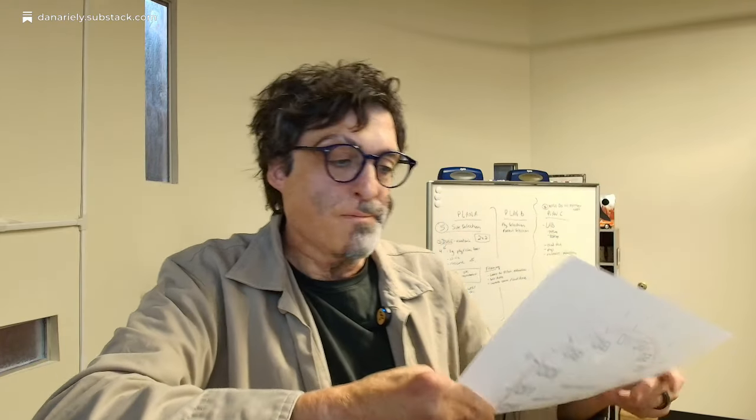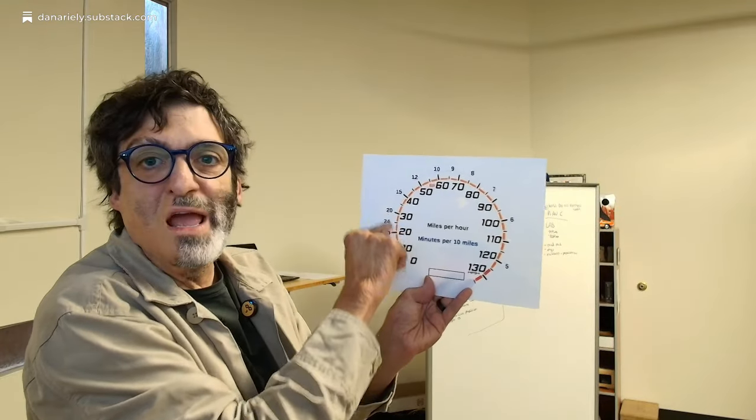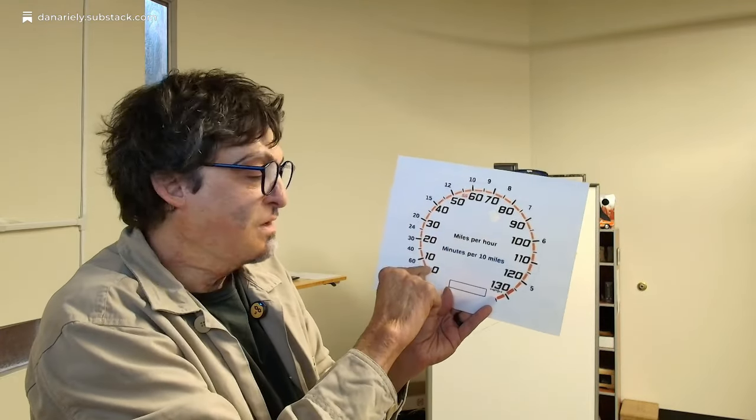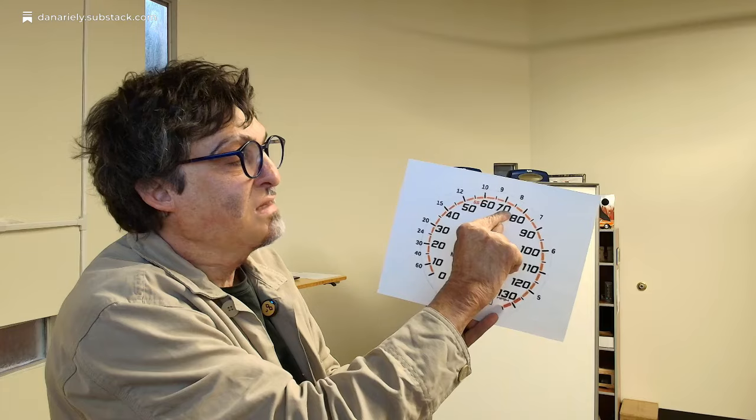So basically, speed looks to us like it's linear, but when you think about minutes per 10 miles, which basically says, how long will this drive take me? We have huge gains when we increase our speed from very low to slightly higher, but when we drive already fast, between 60 and 70, not a big difference.